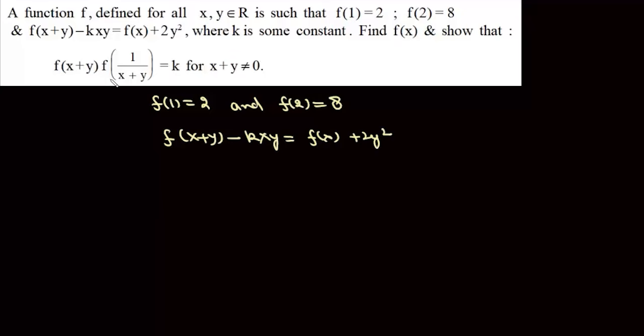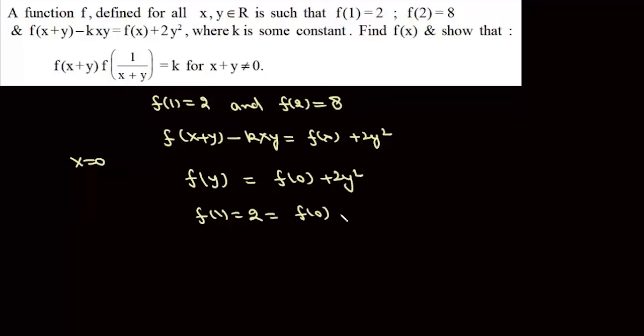Now in this, what we'll do is we'll put x as 0, and if we put x as 0, we'll get f(y) equals f(0) + 2y². Now we need to find the value of f(0), and we are given two conditions, f(1) is 2 and f(2) is 8. So if you put f(1) is 2, it'll be f(0) + 2.